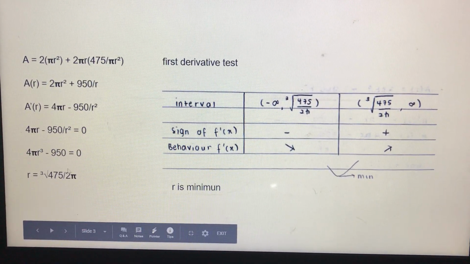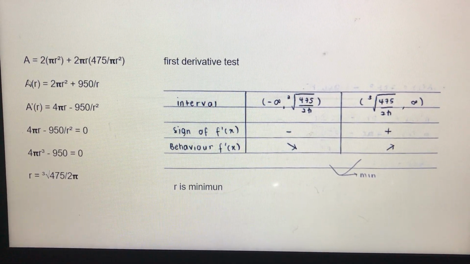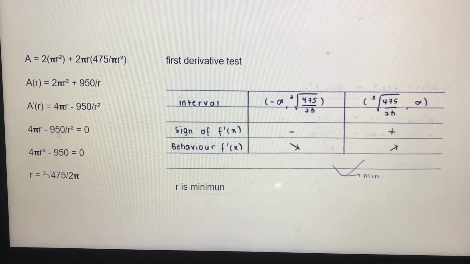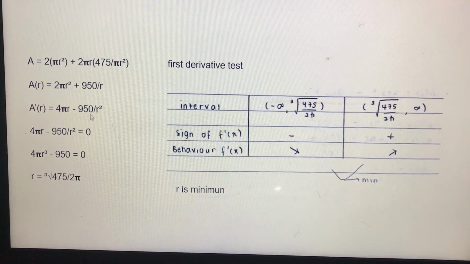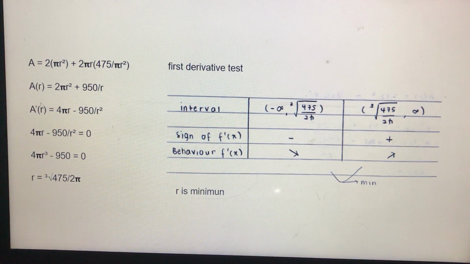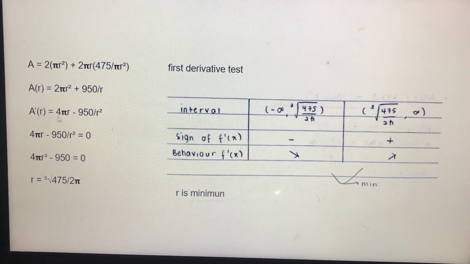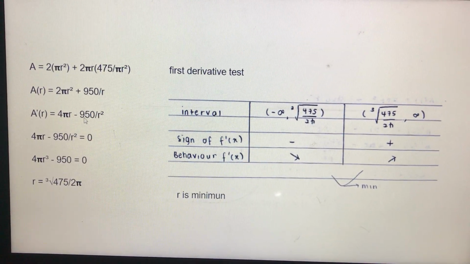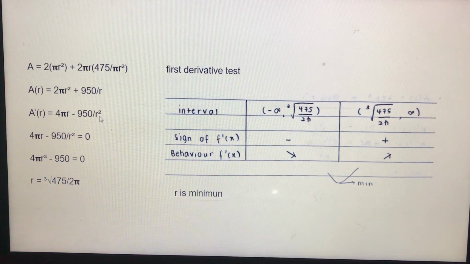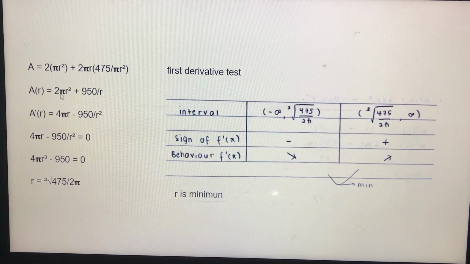In order to find the critical point, we have to find the derivative of the area function. So we find the derivative of A, which is 4 pi r minus 950 over r square. So this is the derivative of the area function.